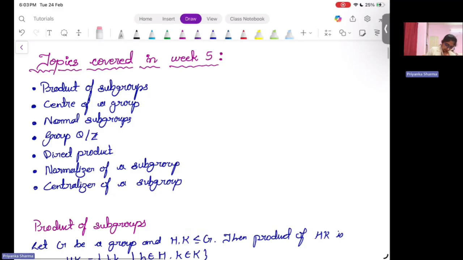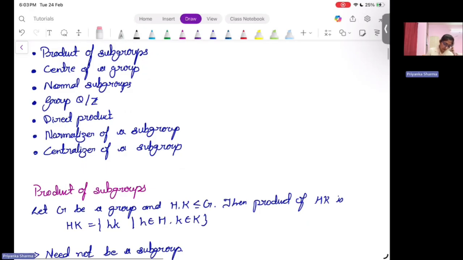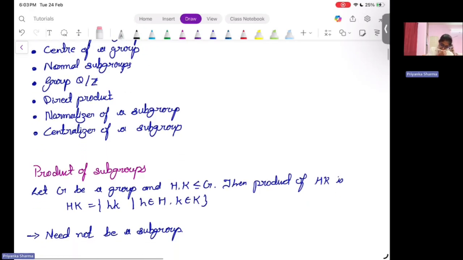So in this session, we will discuss what is product of two subgroups, what is center of a group, and normal subgroups, their properties and their examples. The group Q over Z, direct product, in which we will cover both external and internal direct product, and then normalizer and centralizer of a subgroup.